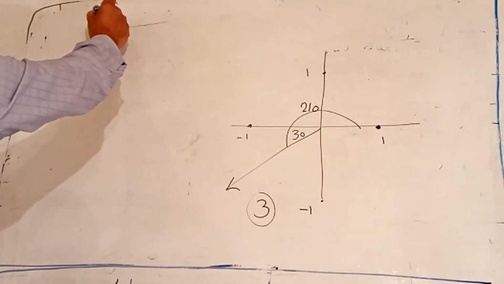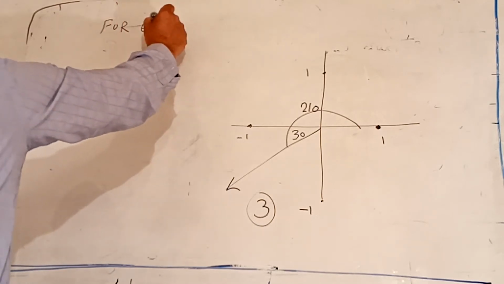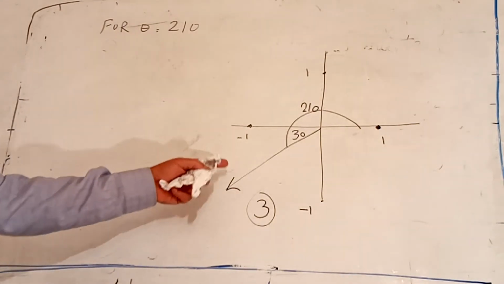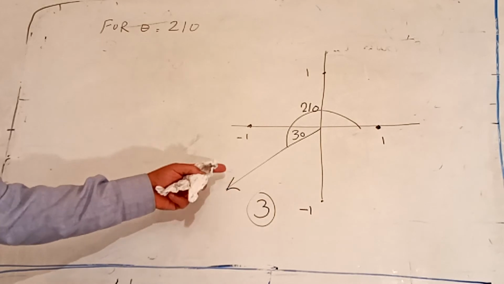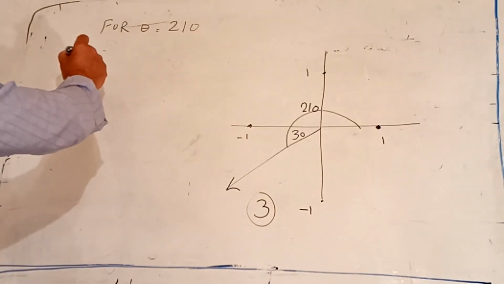For theta equal 210, we are in the third quarter with negative sine, negative cosine, and positive tan. So we say that let's use our calculator.